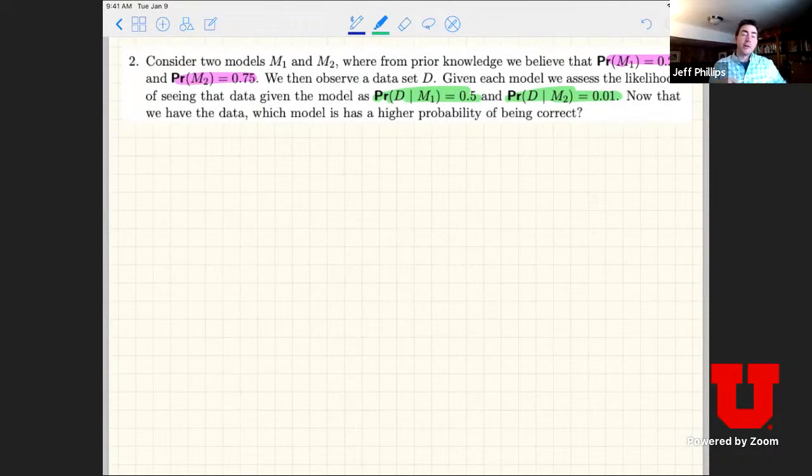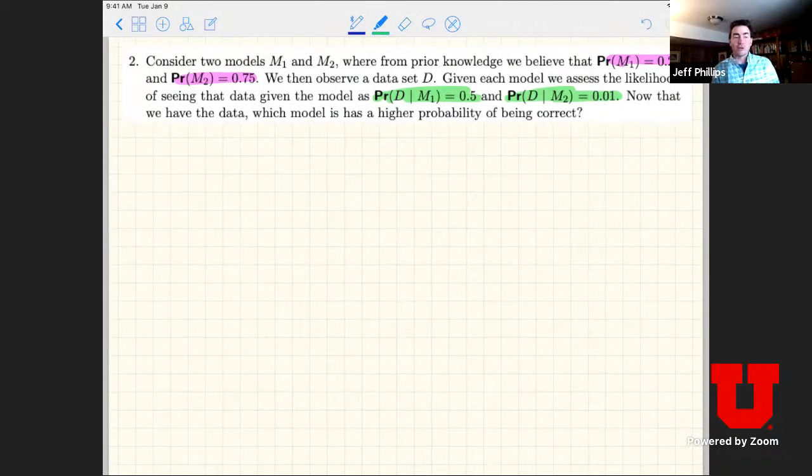So model 2 is less associated with the data. If we assume model 2, then the data was much less likely to happen, right? That's what this is saying.